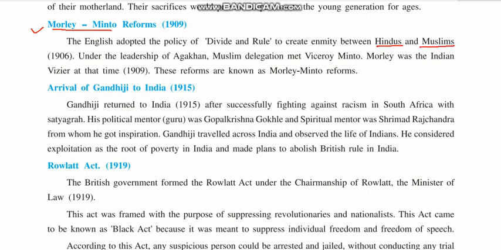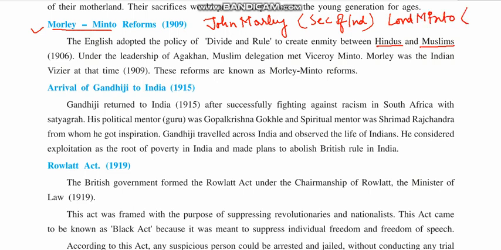Now, as we already know about this, it was brought by two leaders. Morley was John Morley, who was Secretary of State of India at that time, while Minto, or Lord Minto, was the Viceroy of India at that time.